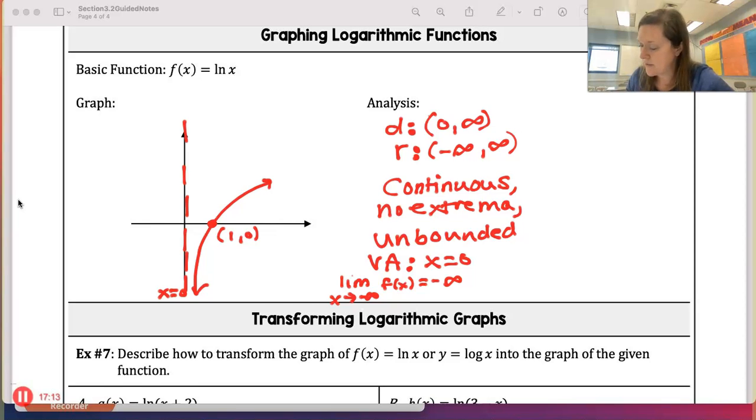And as x approaches positive infinity, f of x is, I had to think for a second, still thinking about that, negative infinity? It would be 0 if it was getting closer and closer to 0. Yes, it's going to negative infinity. It's going to keep getting lower and lower.